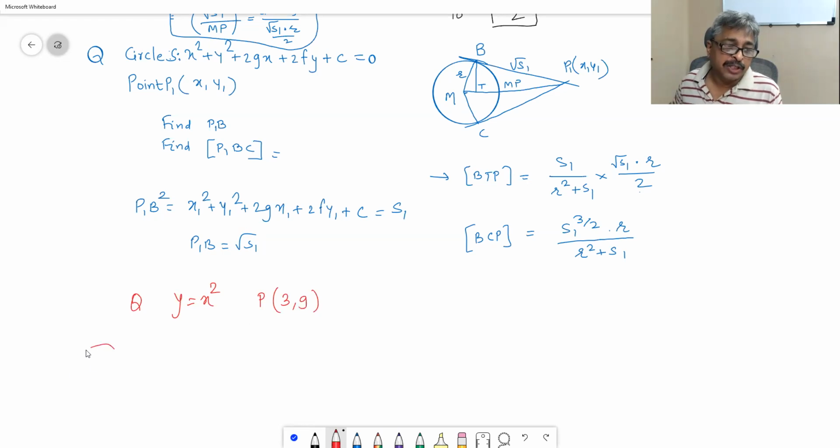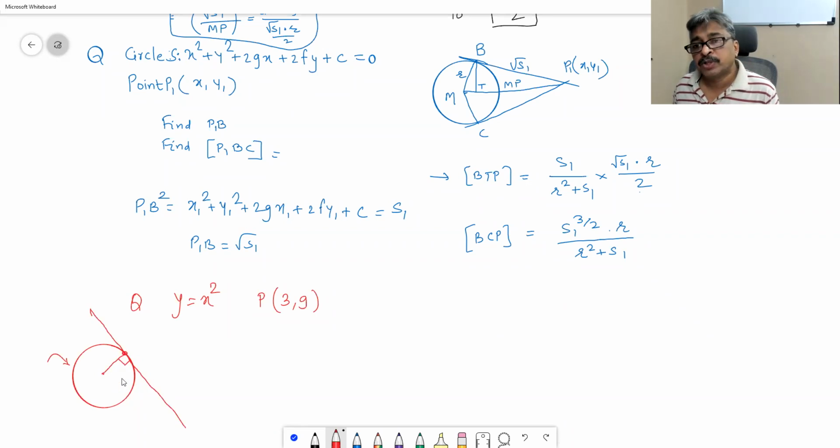See, now when it was a circle and you were given the equation of the circle and a point on the circle, finding the tangent at that point was relatively easy because a circle is very good geometry, and the radius segment is perpendicular to the tangent. This information was available when the tangent to a circle is concerned.